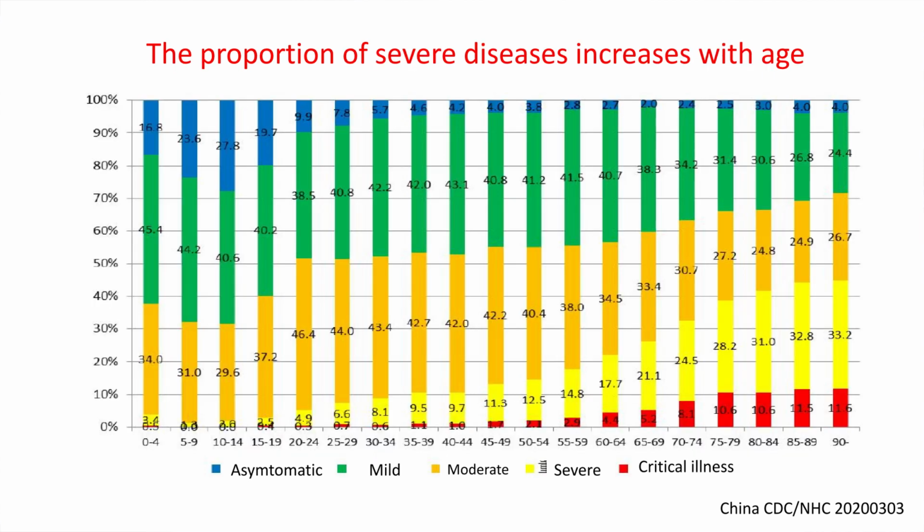This is the proportion of severe cases by age. With increasing age, the severe and critical cases increase. You can see the yellow one is severe and the red one is critical, from 0 to 90 years old. Again, the higher the age, the higher the proportion of severe and critical cases.